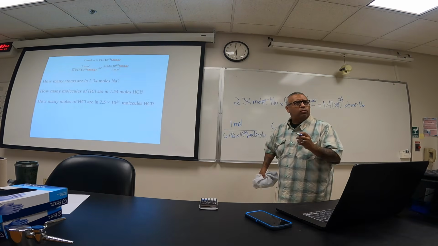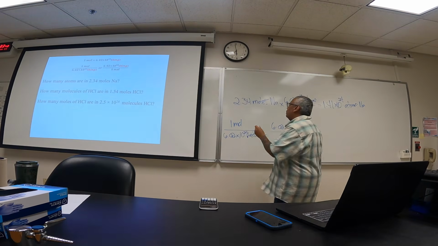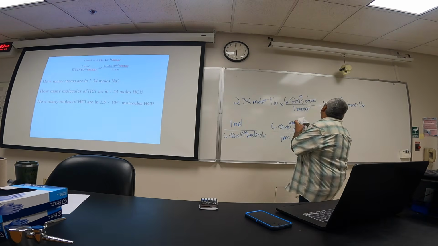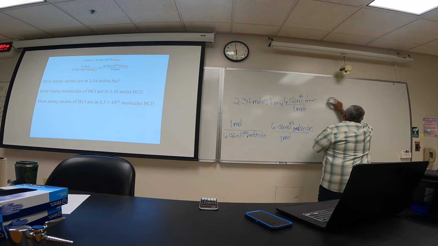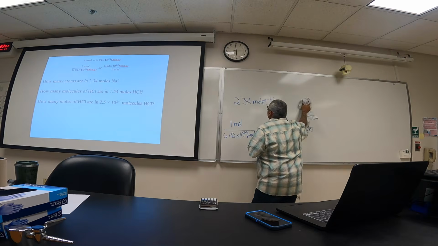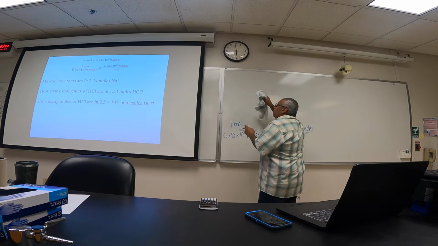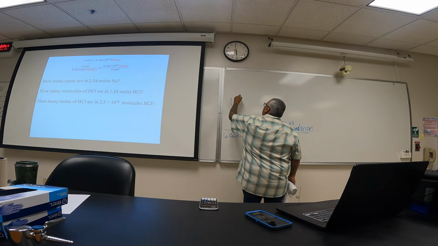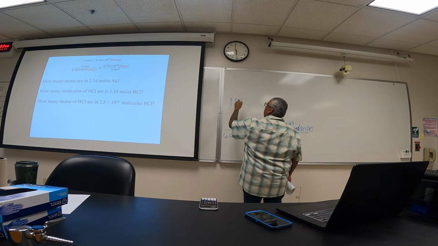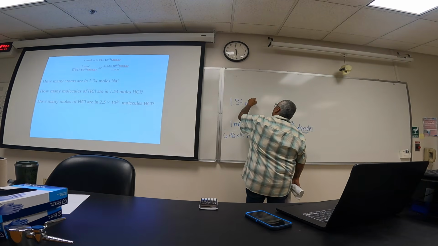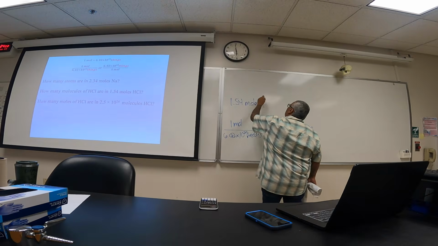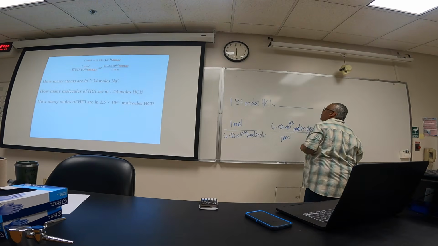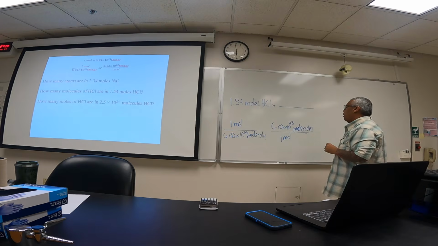And we're going to start with information that's given to us. So let me erase the top one here. So we have 1.54 moles of hydrochloric acid, and we need to figure out how many molecules are in there.